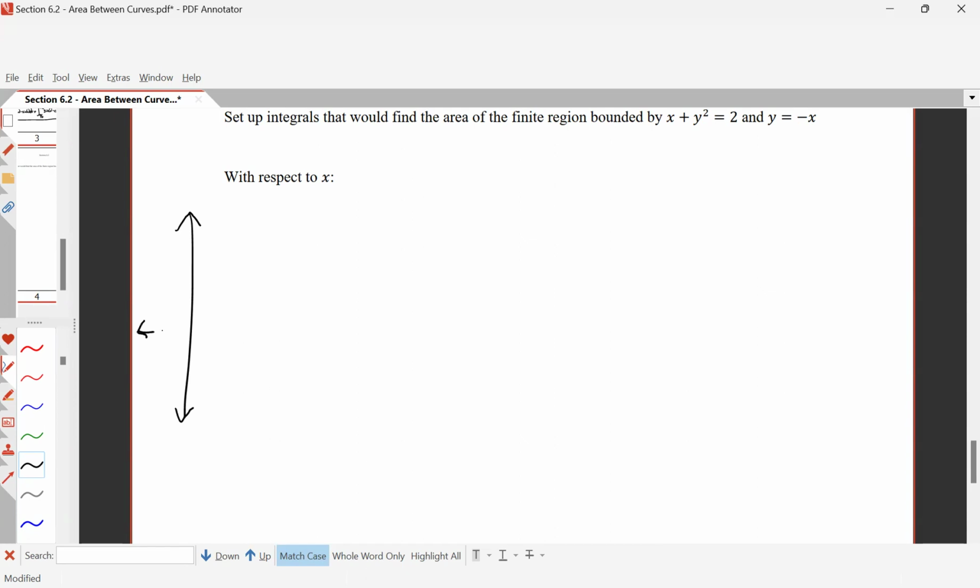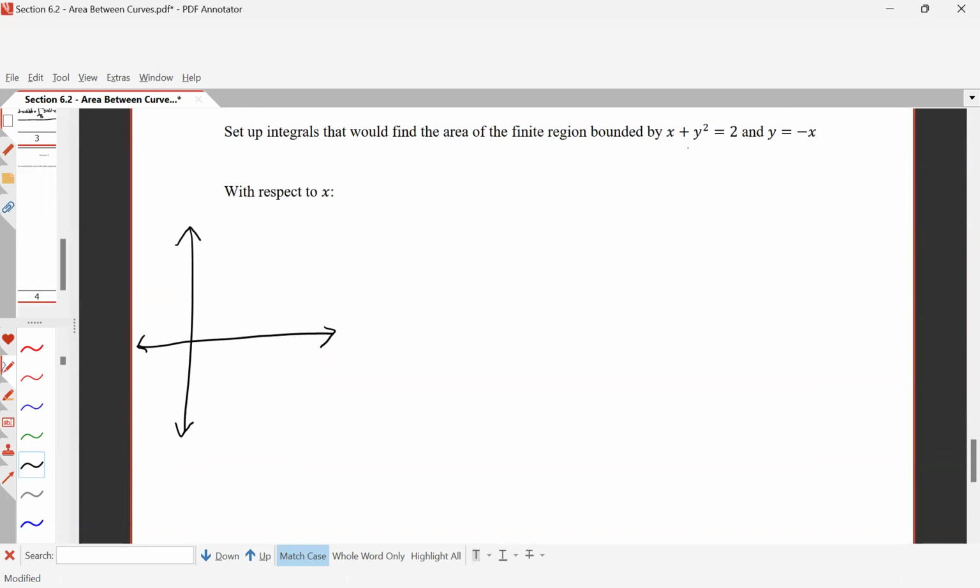In general, for any of these problems, the first thing we want to do is know what this graph looks like. Taking a look at these functions, we have y equals negative x, which we know is just the line with that -1 slope. And then we also have x plus y squared equals 2.